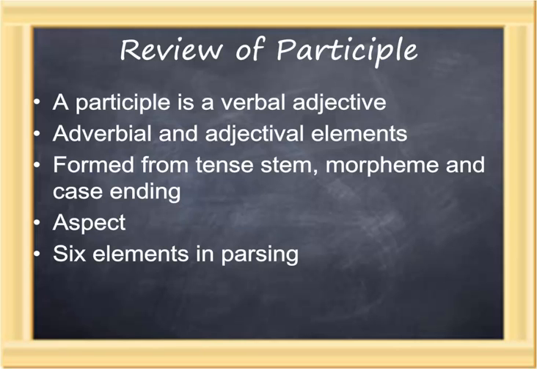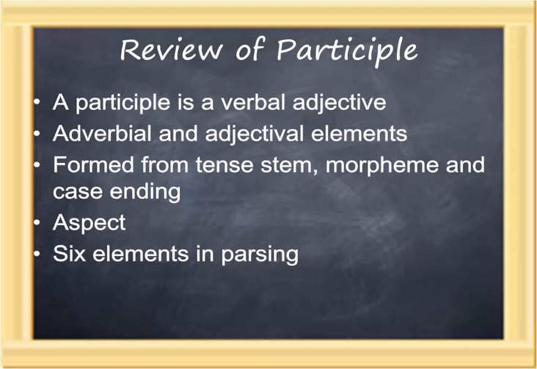Adjectivally, it'll have case, gender, and number. In terms of function, adverbially, it may define the circumstances under which the main verbal action takes place. Adjectivally, it may tell something about a noun.